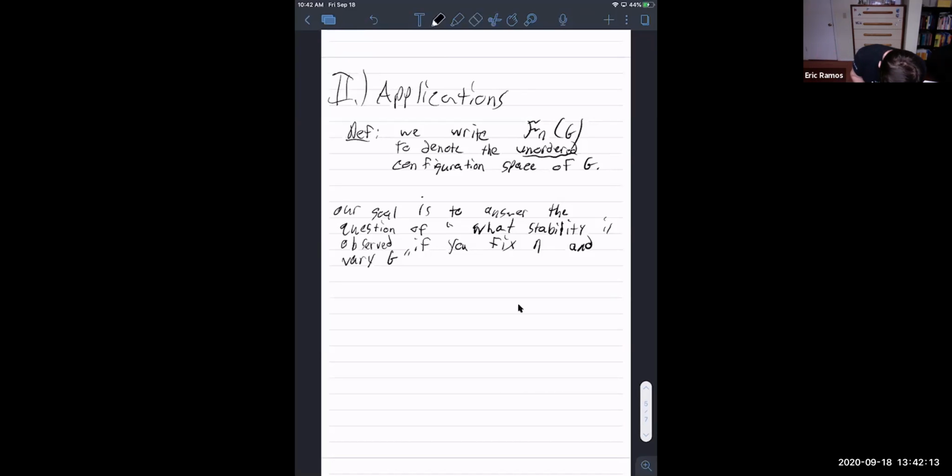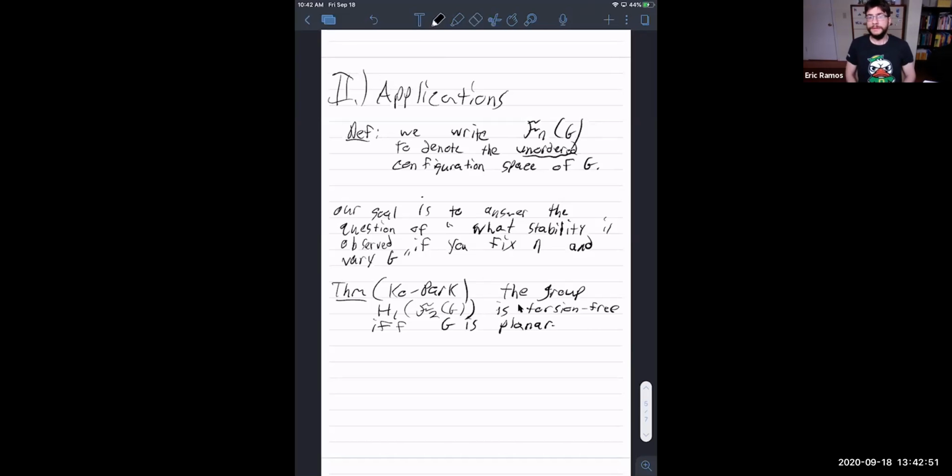So, one motivating theorem, due to Cohen and Park, which is really quite beautiful, is that the group H1 of F2 of G is torsion-free if and only if G is planar. This is a theorem of Cohen-Park from the mid-2000s.